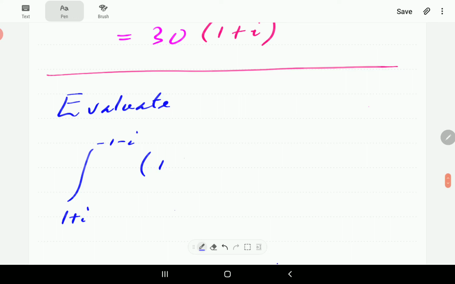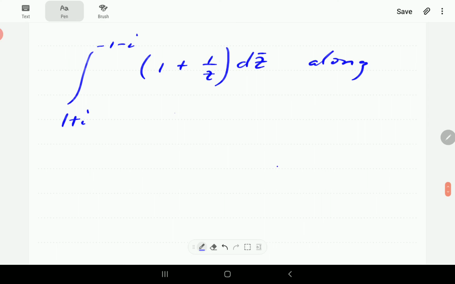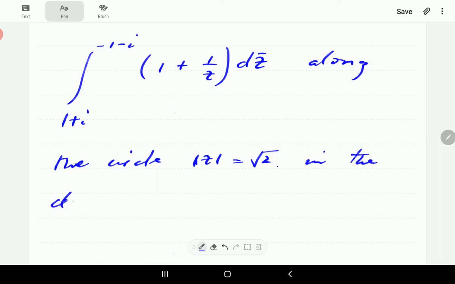This is 1 plus 1 over z dz bar along the circle mod z equals root 2 this time in the clockwise direction.